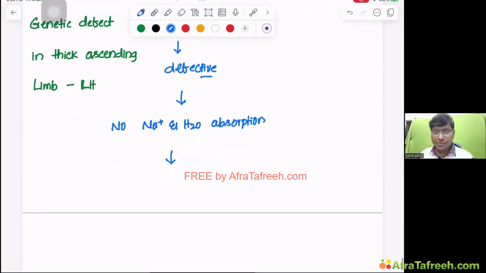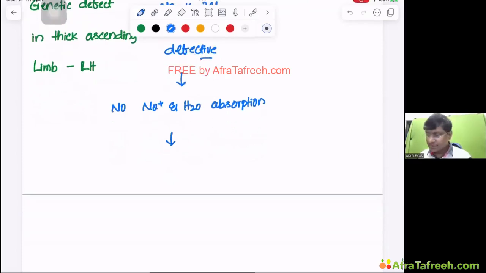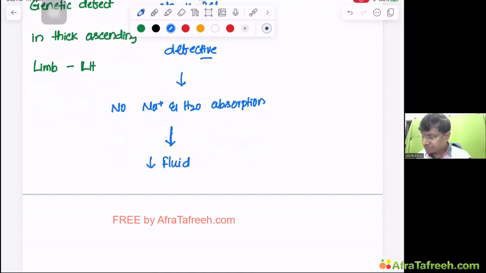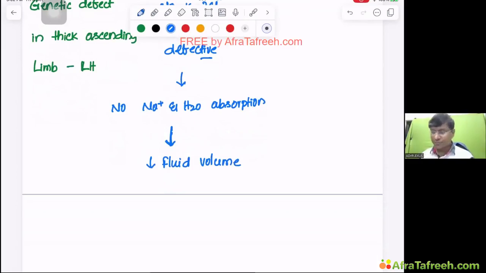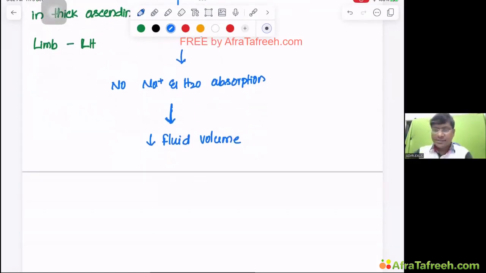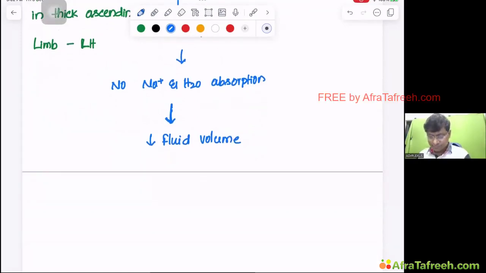So there is no sodium and water absorption. Thereby, what will happen to the fluid volume? There will be a decrease in the fluid volume. There is volume contraction.